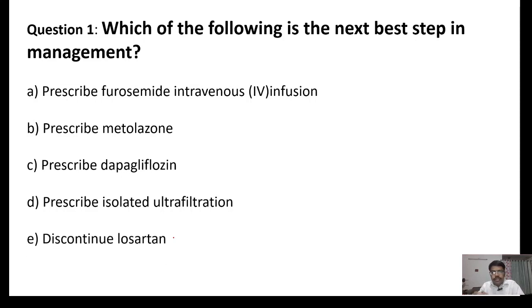Or the final option is to stop losartan. Do you think losartan is the reason for this deterioration? You can think on this option. What will you do if you have this patient in the casualty? Either this or this. So we'll try to solve this case.